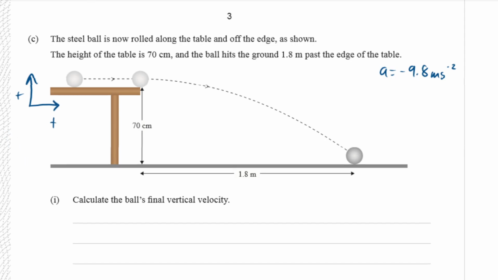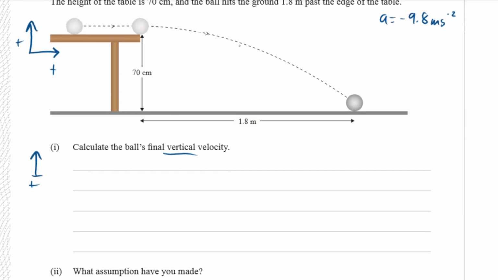Part 1, calculate the ball's final vertical velocity. So what direction are we working in? The vertical direction. So I'll just remind us by drawing my vertical arrow, up being positive. We are looking for the final velocity, VF.